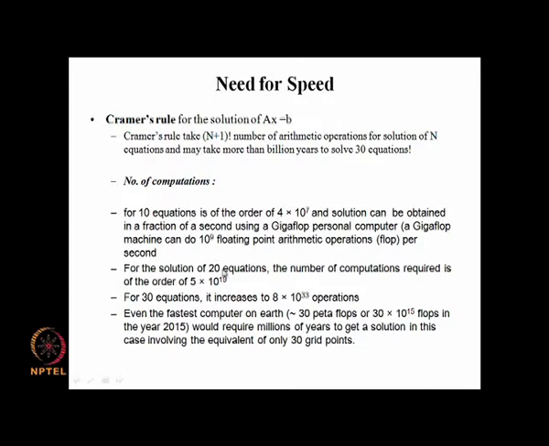Okay, but if you have 20 equations, then 21 factorial is 5 times 10 to the power 19. So if you now have the same gigaflop kind of machine, the time it takes is the number of operations divided by the number of operations it can do per second, which is 10 to the power 9. So that is 5 times 10 to the power 10 seconds.